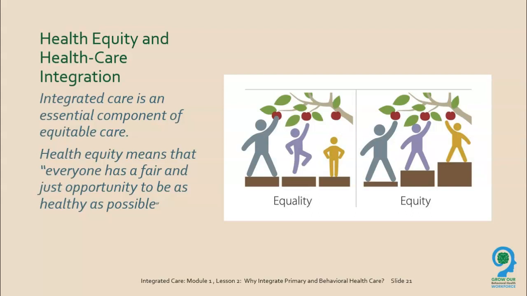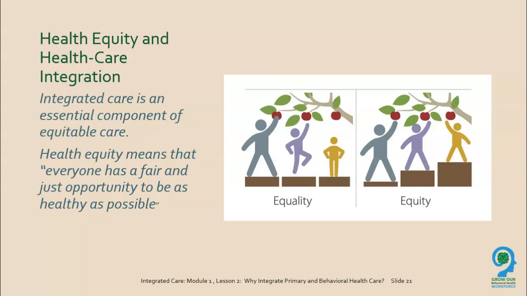The image on the right demonstrates the difference in the concepts. Everybody wants to pick an apple, right? So if we give everybody the same size step stool, then the tall guy gets the apples. The medium guy or gal can get the apple if they jump, but the short person just can't get there at all.